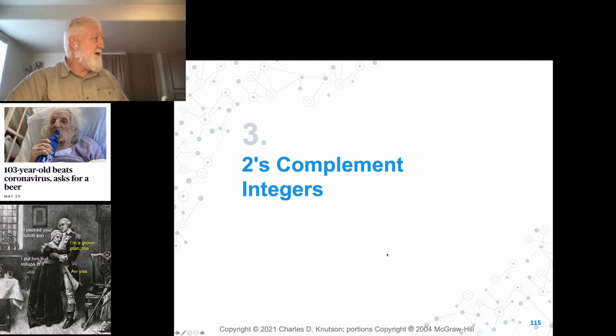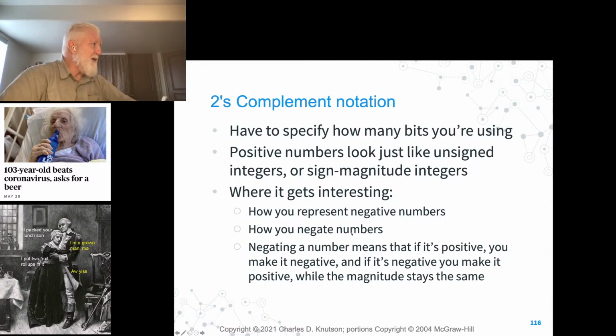It's all good. But here's kind of the bottom line with two's complement notation. Like with sign magnitude or one's complement, you do have to know how many bits you're using, okay? You can't just be generic. It has to be a fixed number of bits. And whenever you're dealing with positive numbers, if you think about this, they look exactly the same as unsigned, as sign magnitude, as one's complement, right?